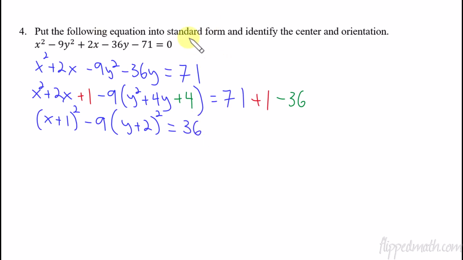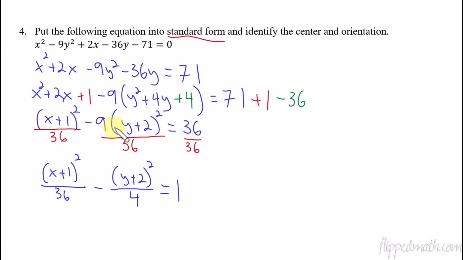In order to get this into a standard form, which I'm working towards, it has to equal 1. So I need to divide each term by 36. So divide that by 36, divide that by 36, divide that by 36, and now I get my standard form, final answer of this. So this is like a fraction that I reduced. I reduced the 9 over 36 to 1 over 4. And there's my answer, standard form.